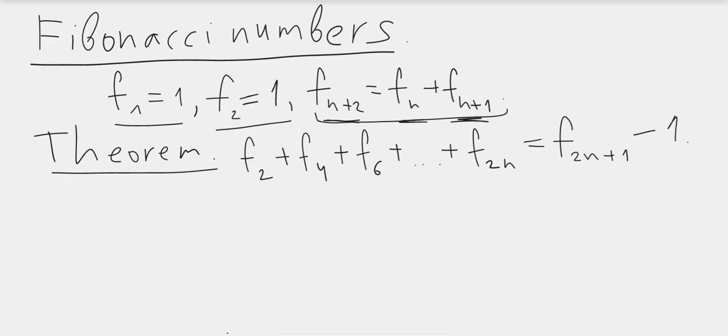And now in this video I'm going to prove that the sum of the first n Fibonacci numbers with even indices. So I'm going to consider this sum and prove that it's equal to f2n plus 1 minus 1.